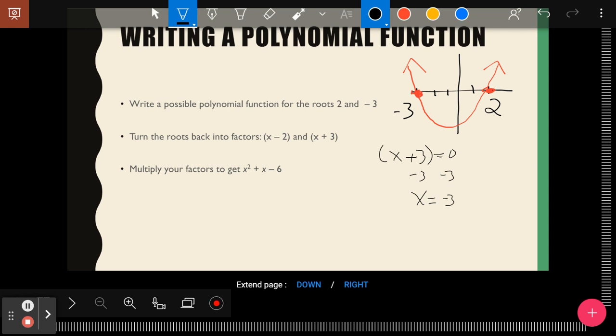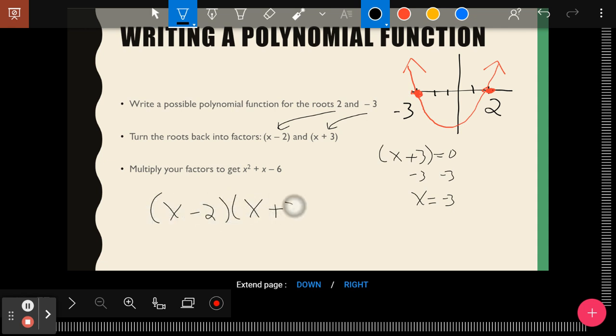When you plug it back in here, it becomes the opposite. So +2 is the answer, so it goes x minus 2 inside the parentheses. And -3 is the answer, so it's x plus 3 in parentheses. Once you have all of those, you can multiply.